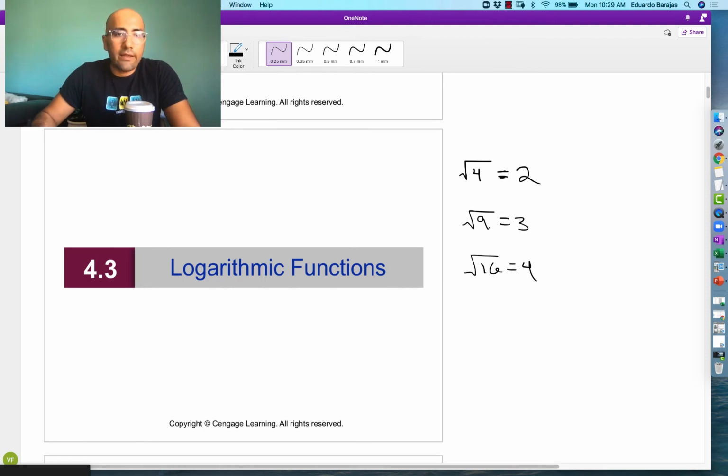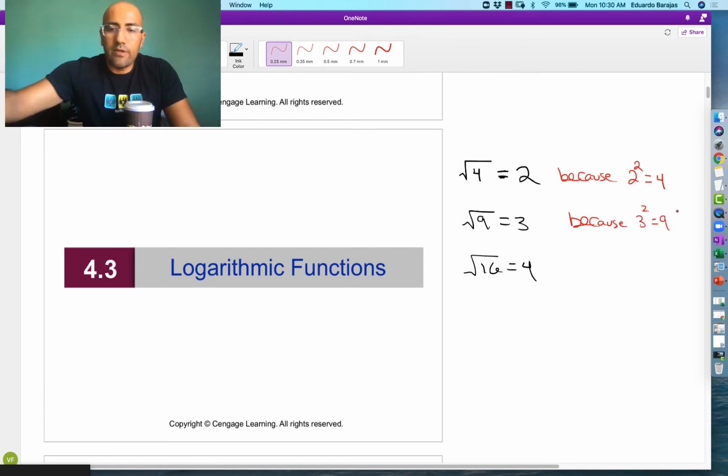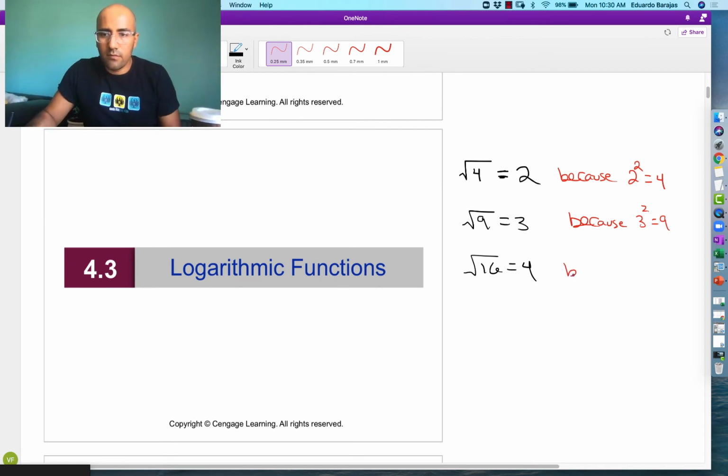So we know that the answer here is 2 because 2 squared is 4, right? And we know that the answer here is 3 because 3 squared is 9, right? And we know that the answer here is 4 because 4 squared is 16.